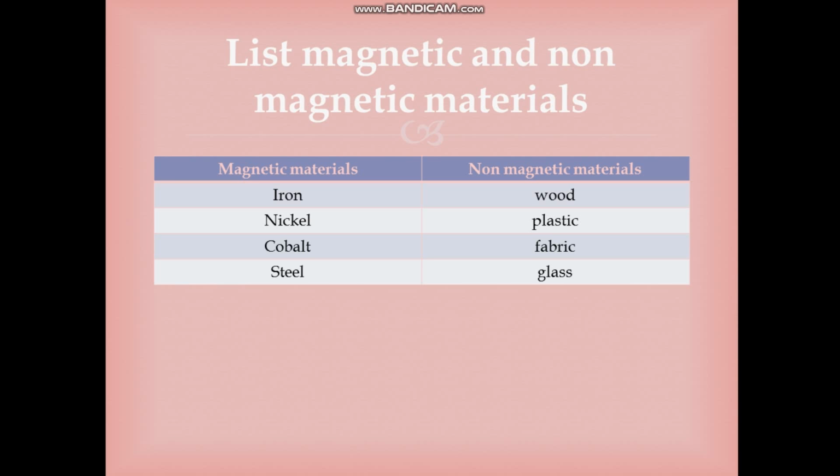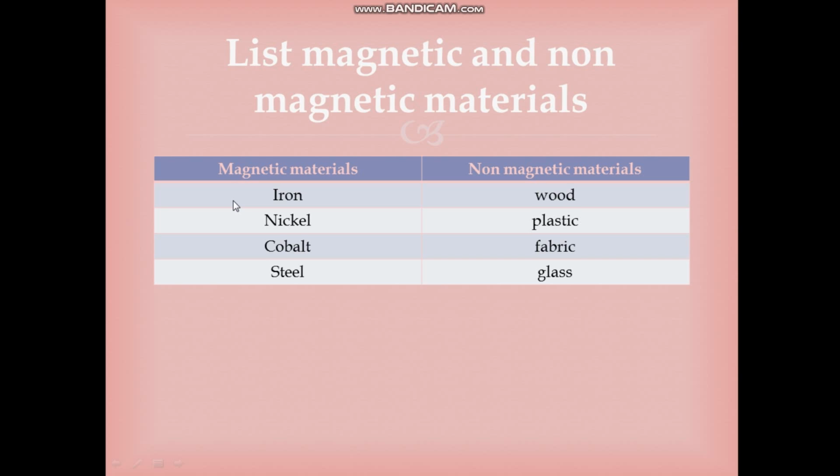Here is a list of magnetic and non-magnetic materials. Magnetic materials are iron, nickel, cobalt, and also steel. Look in here. Not all metals are magnetic materials because, for example, gold is not magnetic.